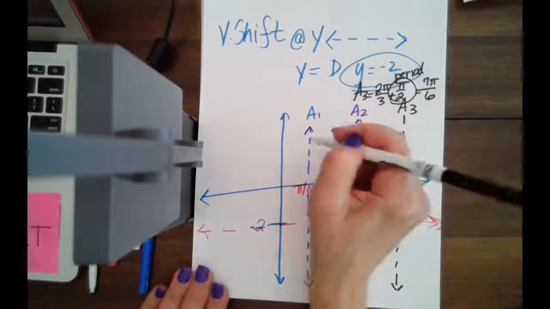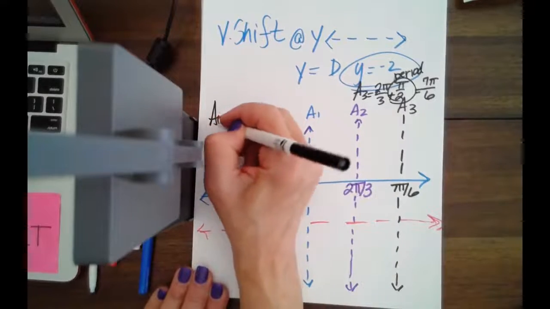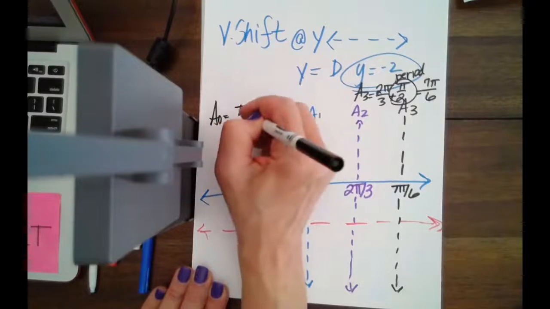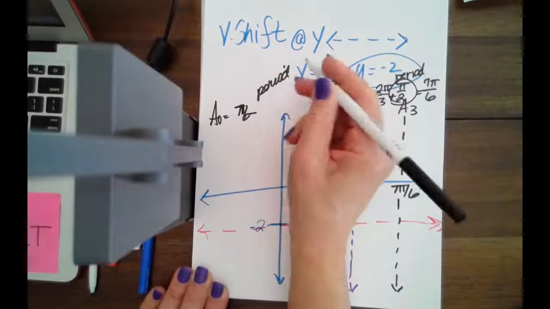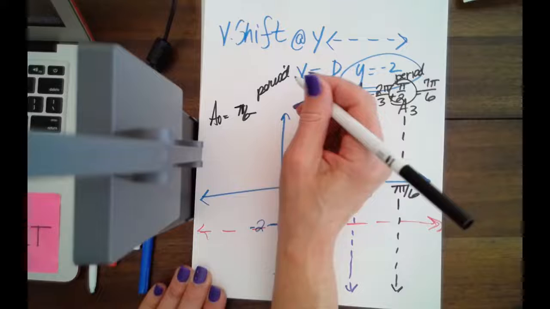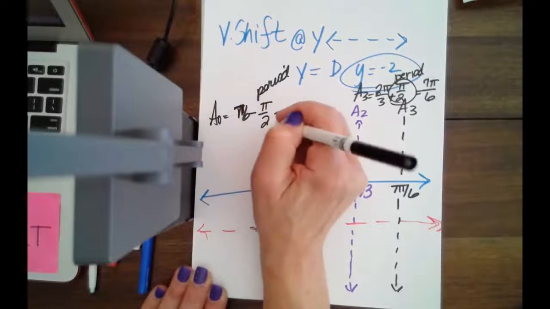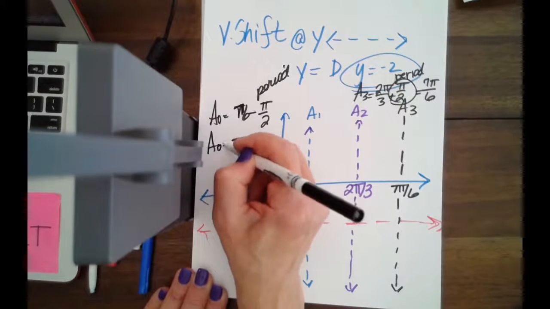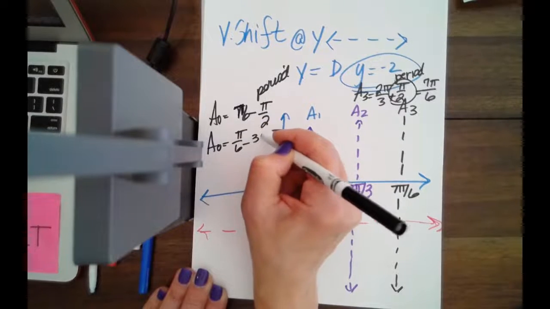Now let's find a sub 0, because I need to go one back from here. A sub 0 is going to be equal to a sub 1, which is pi over 6, minus our period, which is pi over 2. So pi over 6 minus pi over 2 is the same thing as pi over 6 minus 3 pi over 6.